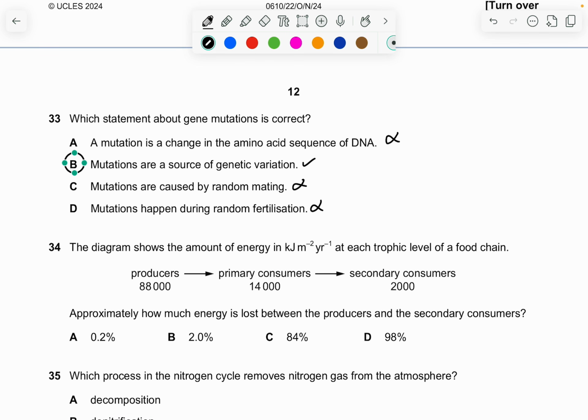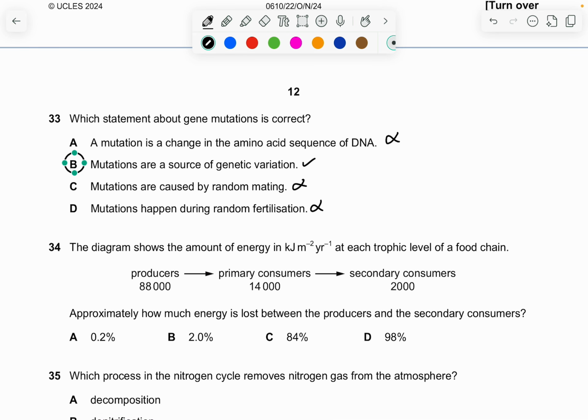I think some of you may have put A, a change in the amino acid sequence of DNA, but to be fair, it is not really correct, because sometimes a change in the amino acid sequence doesn't really mean a mutation. Also, a mutation can be a good thing or a bad thing.